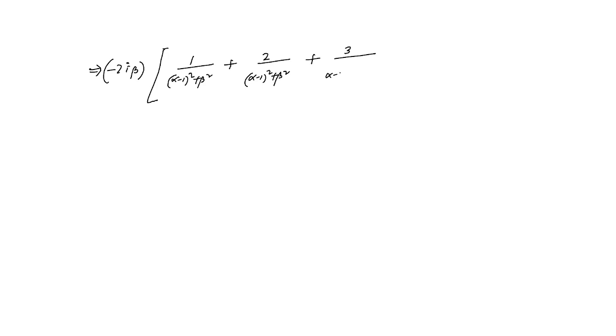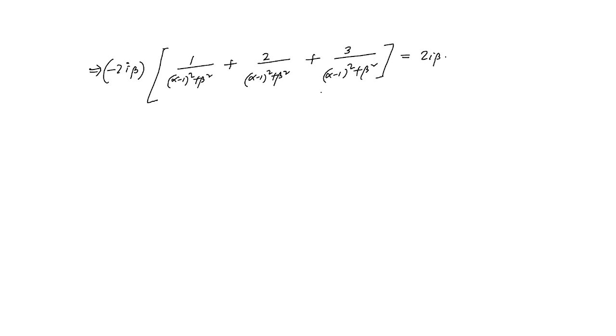Now we take the common factor, minus 2 i beta, out.